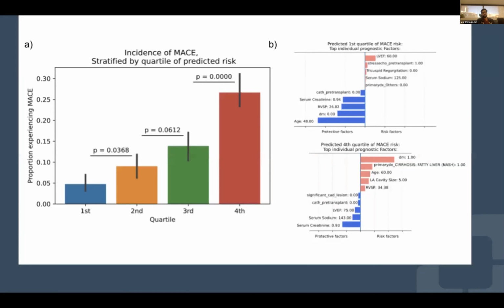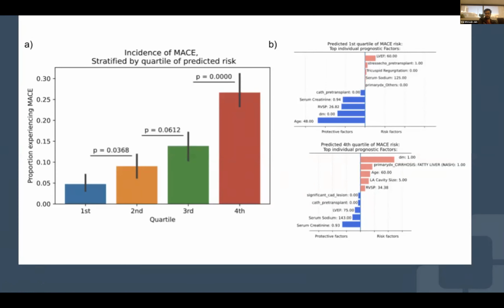Then we visually assessed why, if somebody was in the first quartile, he was at such a low risk. This small figure shows that the patient in the first quartile had a good EF, good renal function, and no tricuspid regurgitation, a surrogate for right ventricular failure. He did not have diabetes, so he was in the first quartile.